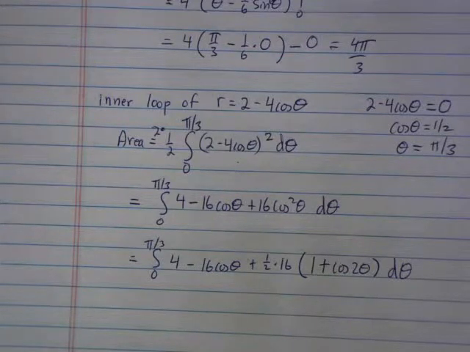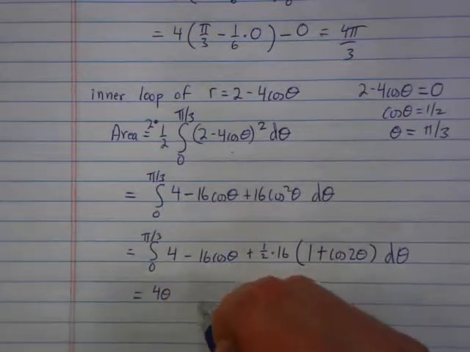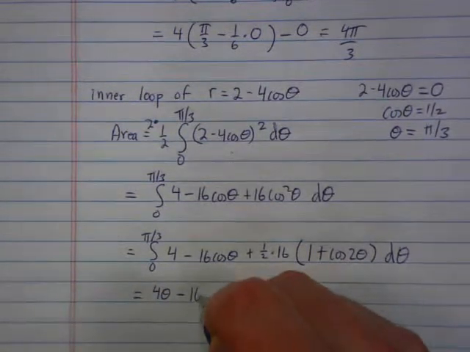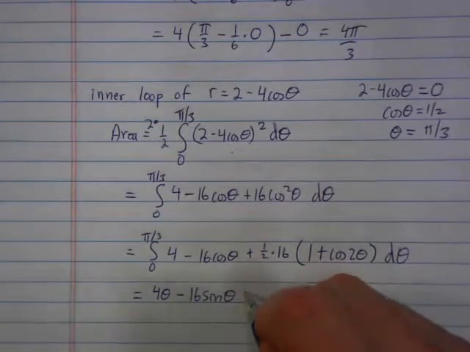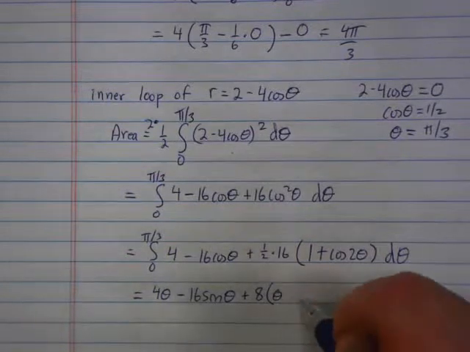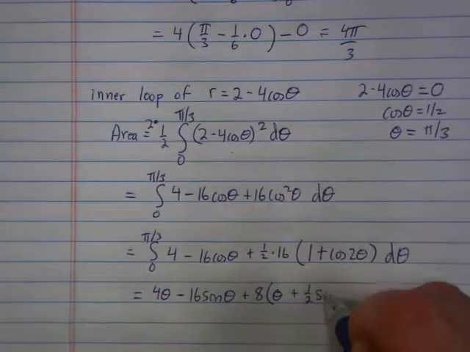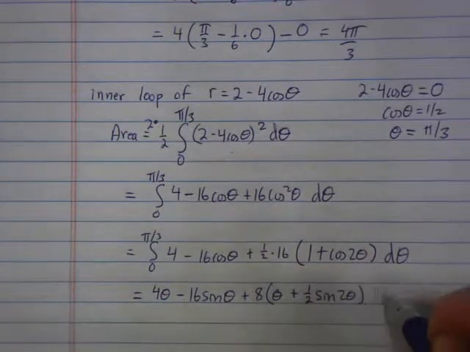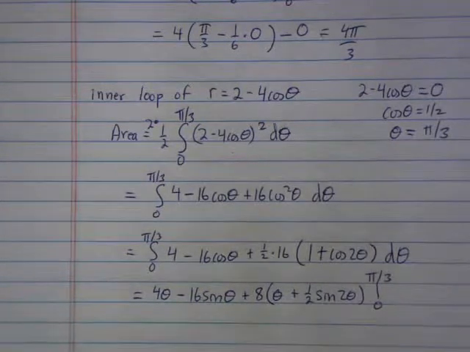All right, now I can integrate. 4 theta minus 16 sine theta plus 8 times theta plus 1/2 sine 2 theta, and then I got to plug in my numbers, 0 and pi over 3.